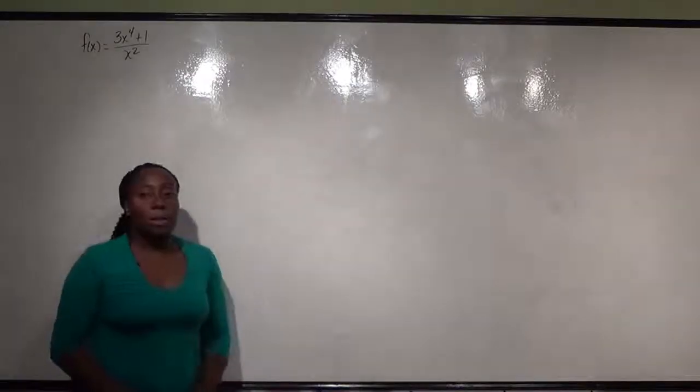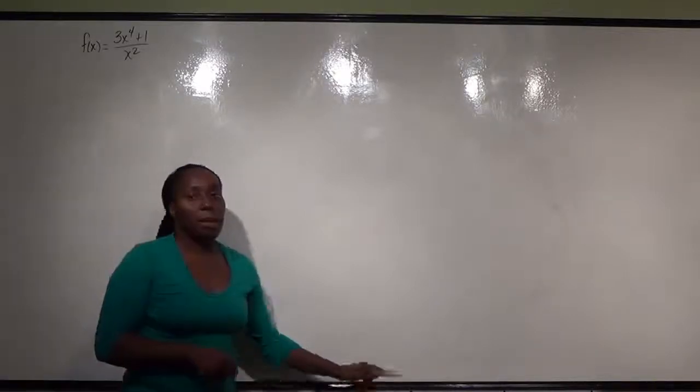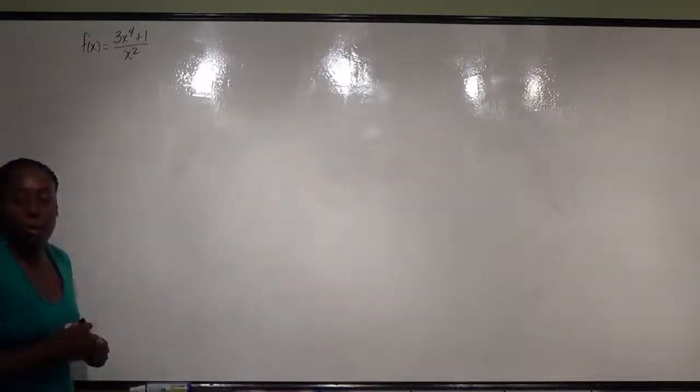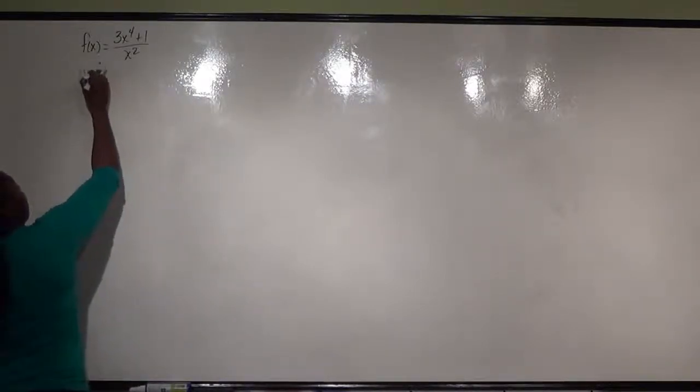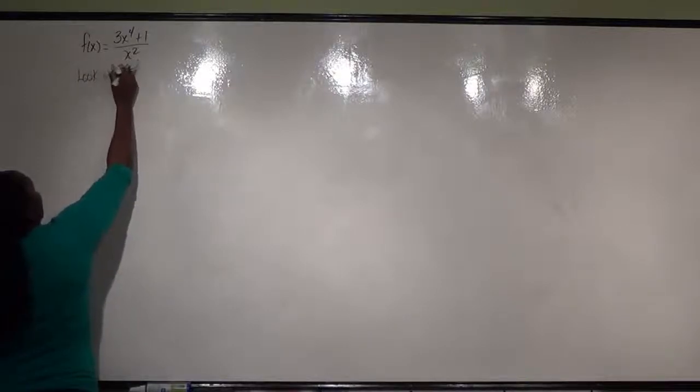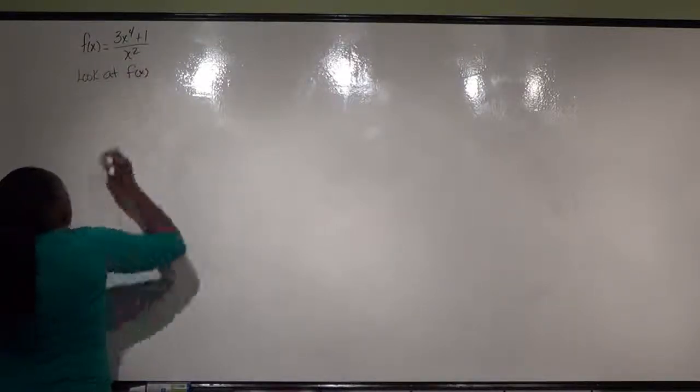Alright, let's look at one last example, and that is f of x equaling 3x to the 4th plus 1 over x squared. Okay, we want to sketch the graph of this function. So again we're going to start by taking a look at f of x.